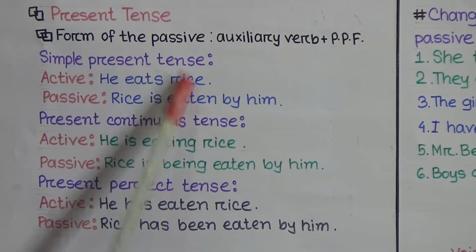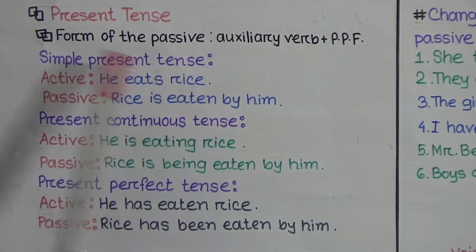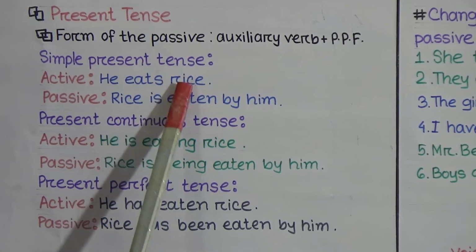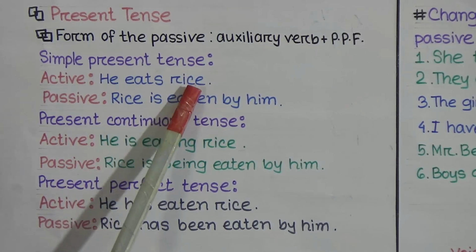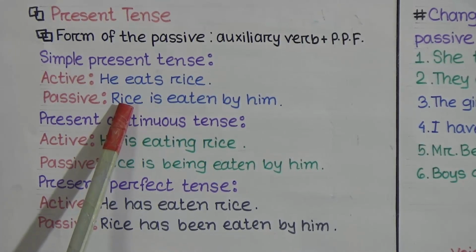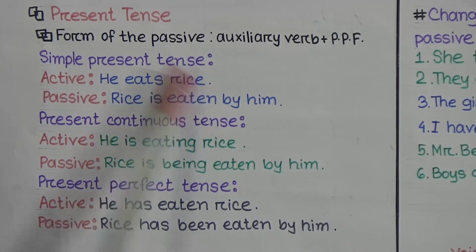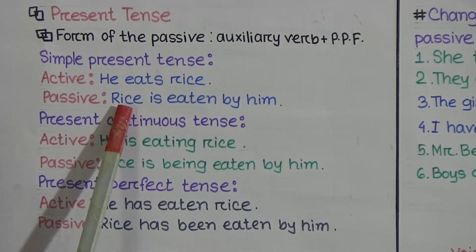What we have to do: first we have to identify the object of the active voice. Here, in the active sentence, the object is rice. The object is rice, and this object will be the subject in present tense. So I have written here "rice."